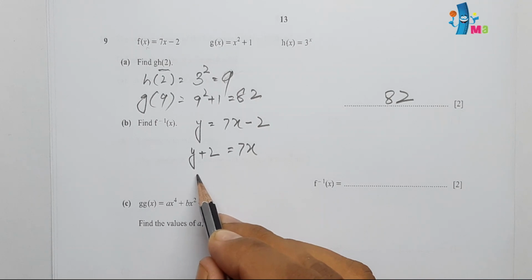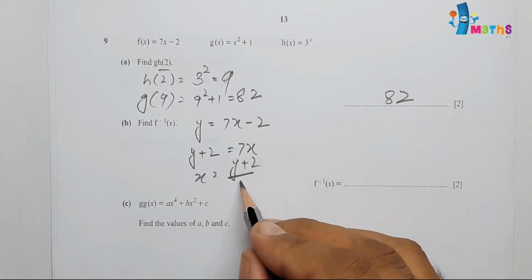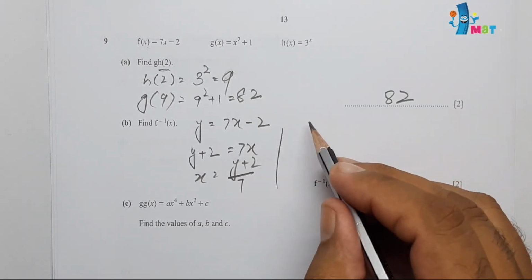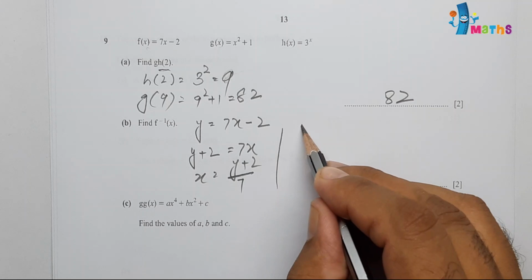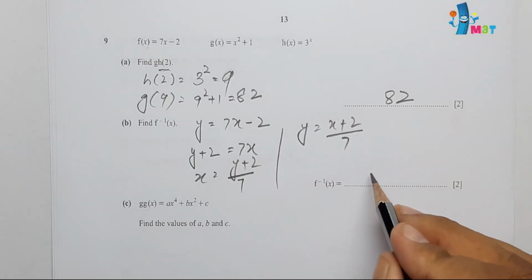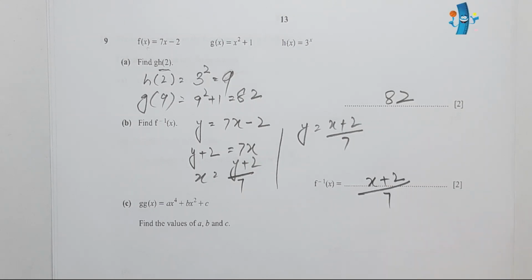So it means x is equal to y plus 2 over 7, and we can swap them. So y will be equal to x plus 2 over 7. So the answer will be x plus 2 over 7. This will be the answer for f inverse of x.